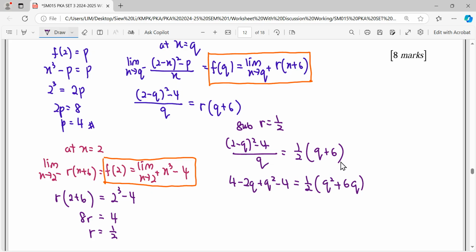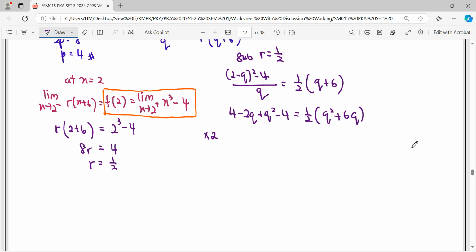Okay? Then we remove the denominator again, times 2. Times 2. 4 minus 4. Done. So we get a quadratic, we rearrange Q square.